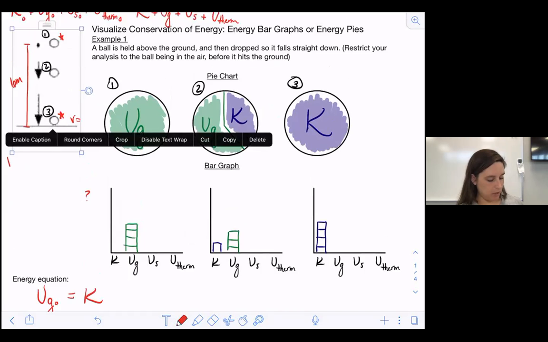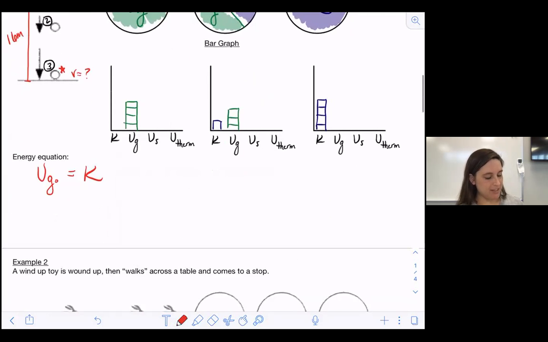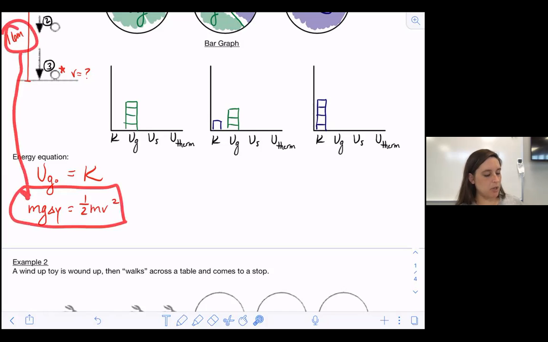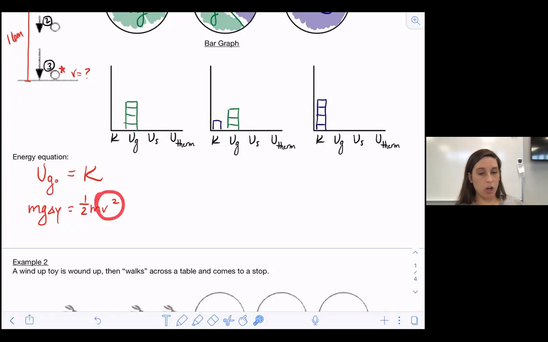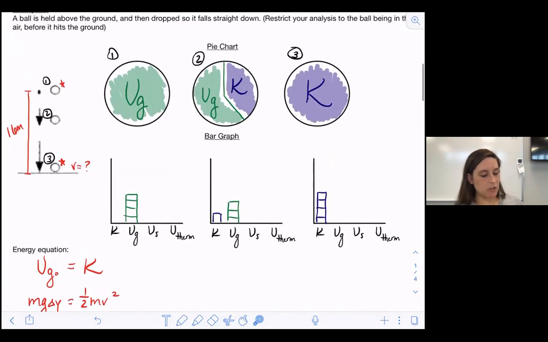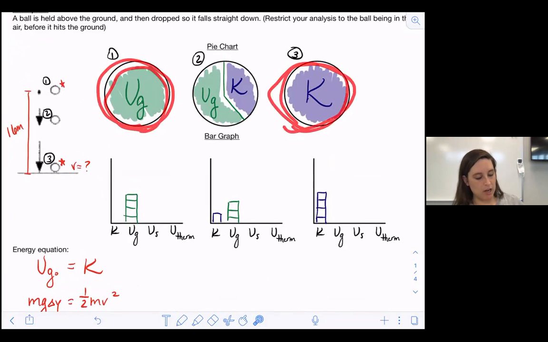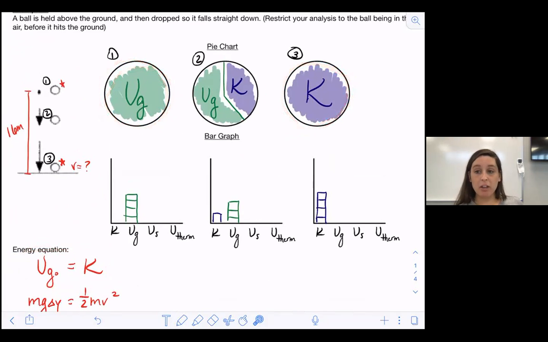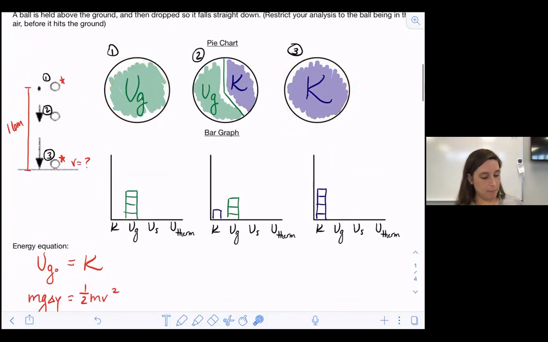Since I know that gravitational energy is mg delta y, and I know that my kinetic energy is 1/2 mv squared, I now have set myself up with an equation where I can substitute in numbers and start to actually solve for information. Okay, so that's why we like to do these pie charts. These pie charts are here to assist us in writing a little energy equation.